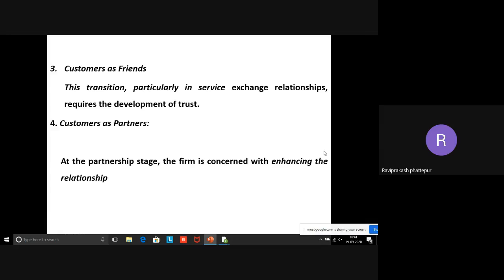The provision of a unique offering and thus differential value transforms the relationship from acquaintance to friendship. As you give him a tailored service delivery, he thinks that even the person providing the service knows me and what kind of service and attributes I need.